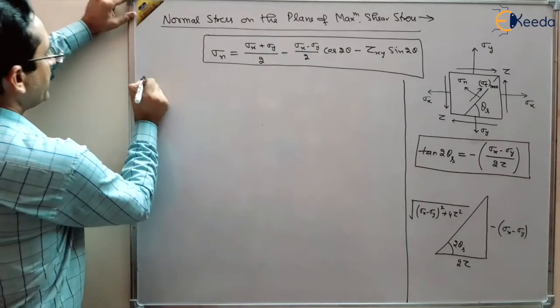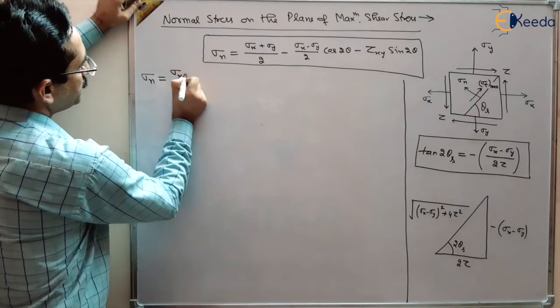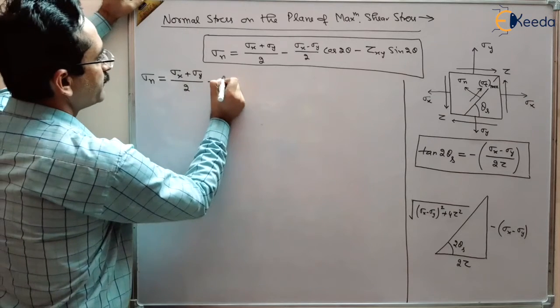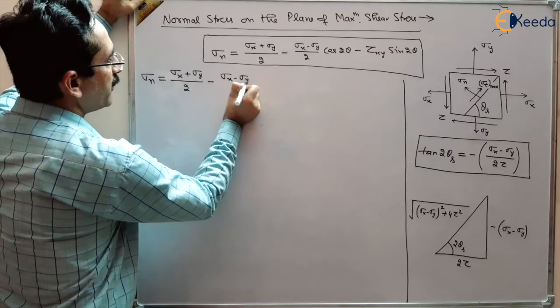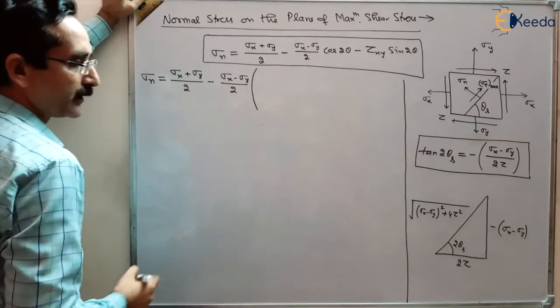So sigma n will be equal to sigma x plus sigma y by 2 minus sigma x minus sigma y by 2 cos 2 theta. What is cos 2 theta?